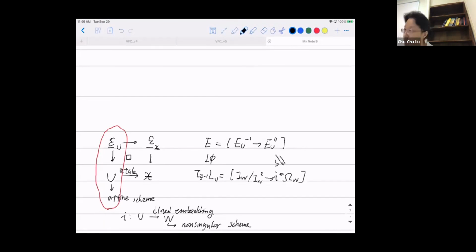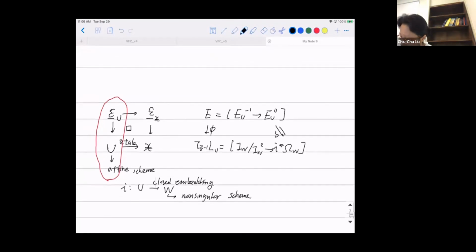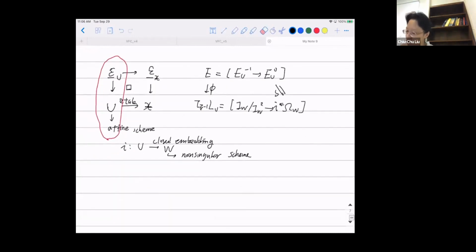Now U is affine, that's very good, but this vector bundle stack is a stack. To understand this vector bundle stack and objects on it in terms of schemes, we take a smooth cover of this vector bundle stack by a scheme. In this case, it's easy.